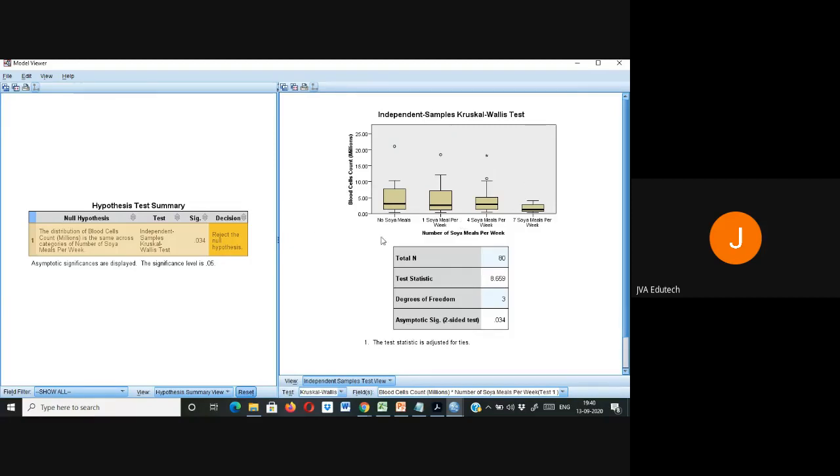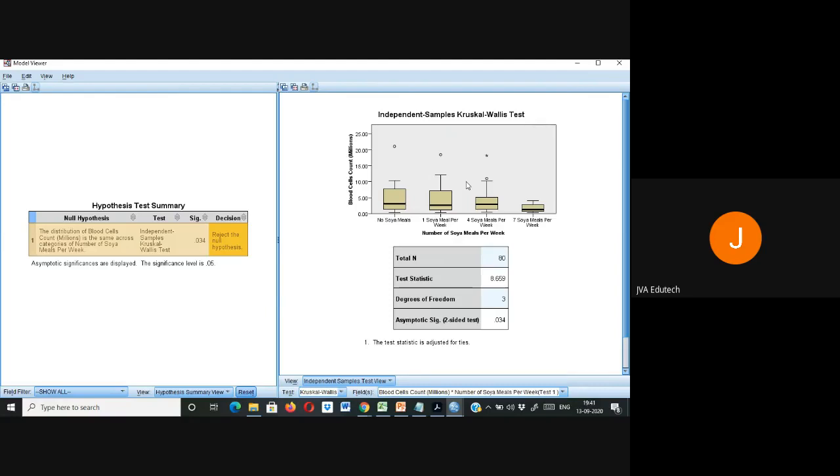Now this overall result only tells us that the blood cells count were different in some of the groups, but we don't know specifically which group differed. So one way to look at which group differed is to look at this box plot.